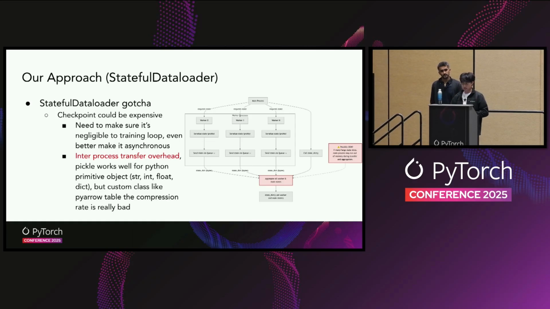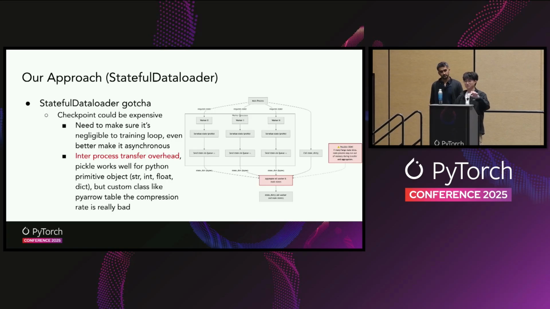However, there are some learnings behind the scenes. StatefulDataLoader allows us to do the state dict, but the states are actually transferred across processes. Let's say you have a main process that calls state_dict.